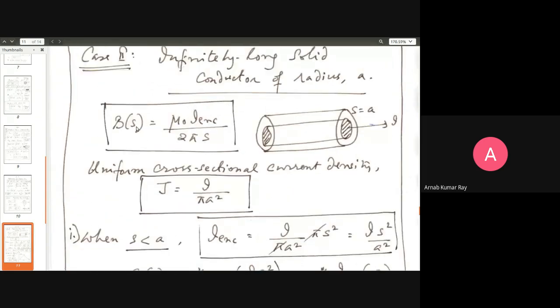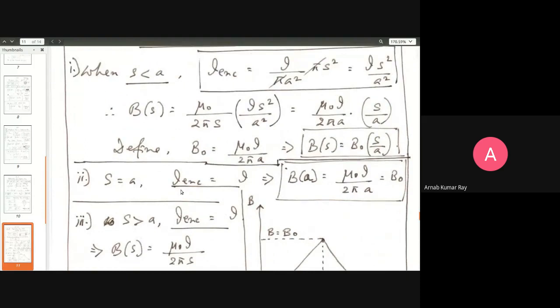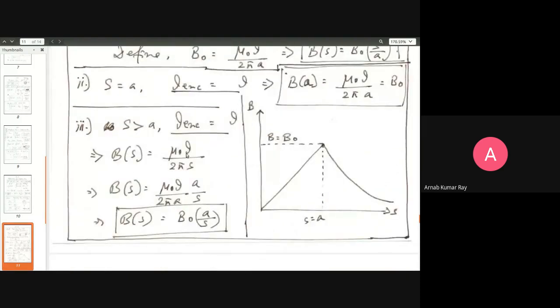So B will be equal to mu naught into I by 2 pi S, and this is exactly what you see when you work with a thin wire. I'm just once again doing a little bit of notation jugglery: mu naught I by 2 pi A into A by S. So mu naught I by 2 pi A is defined as B naught, and B will be equal to B naught into A by S.